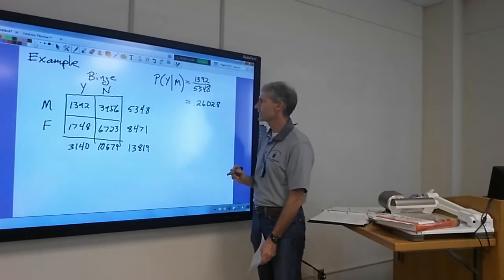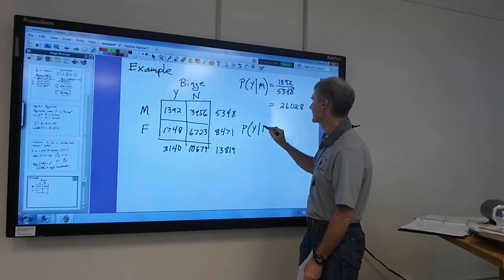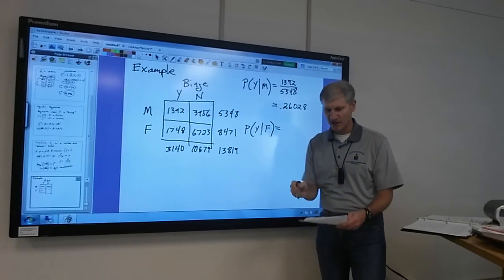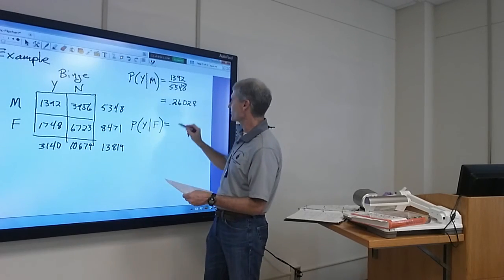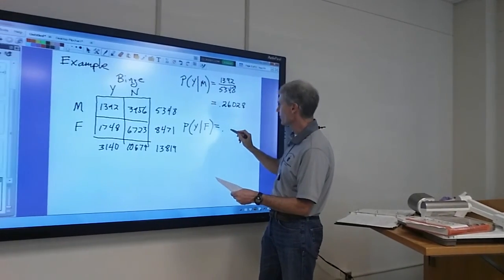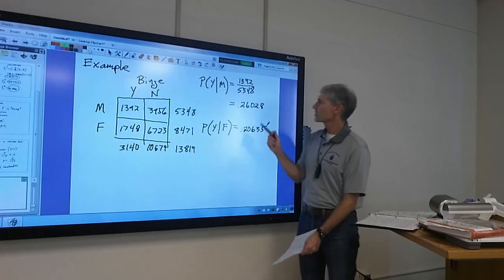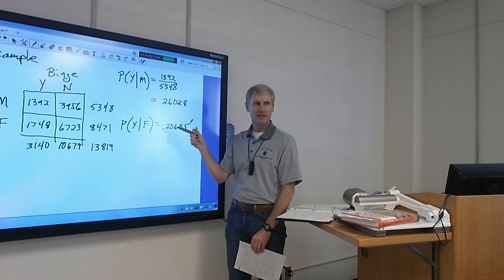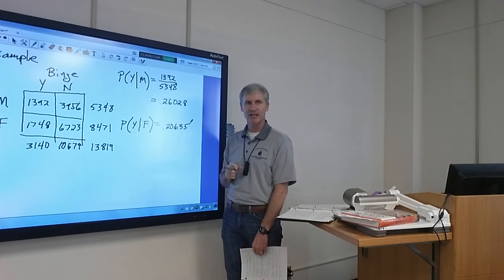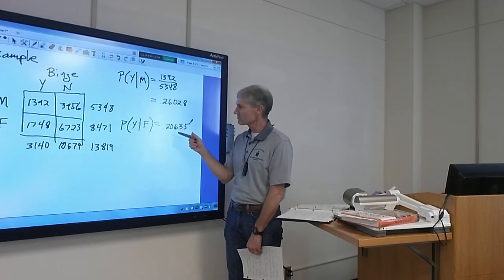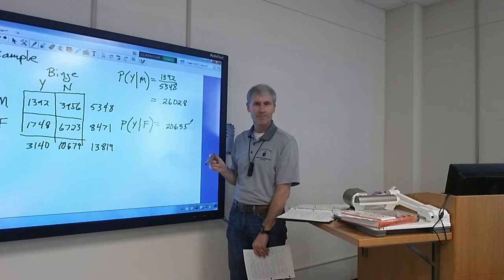And for females, without doing the fraction, it is 0.20635. So males have a 26% chance of binge drinking. Probably a better way to say that is 26% of males binge drink, and we round to 21% of females. So there is a difference.